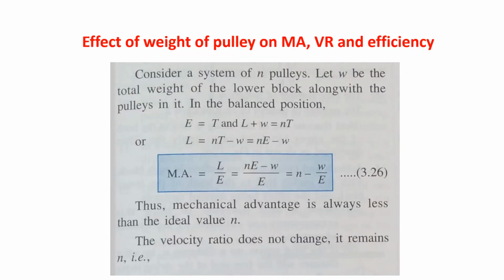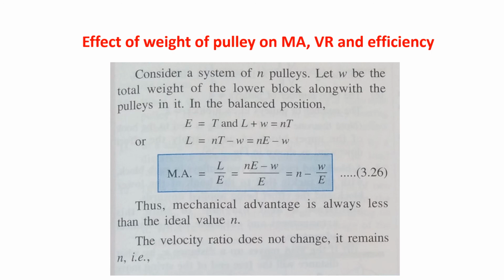Effect of weight of pulley on mechanical advantage, velocity ratio and efficiency. Till now, whatever we have discussed about the pulley, we have not taken the weight of the pulley into consideration. But the pulley also has some weight. If we take that weight, it will have some effect on mechanical advantage, velocity ratio and efficiency.